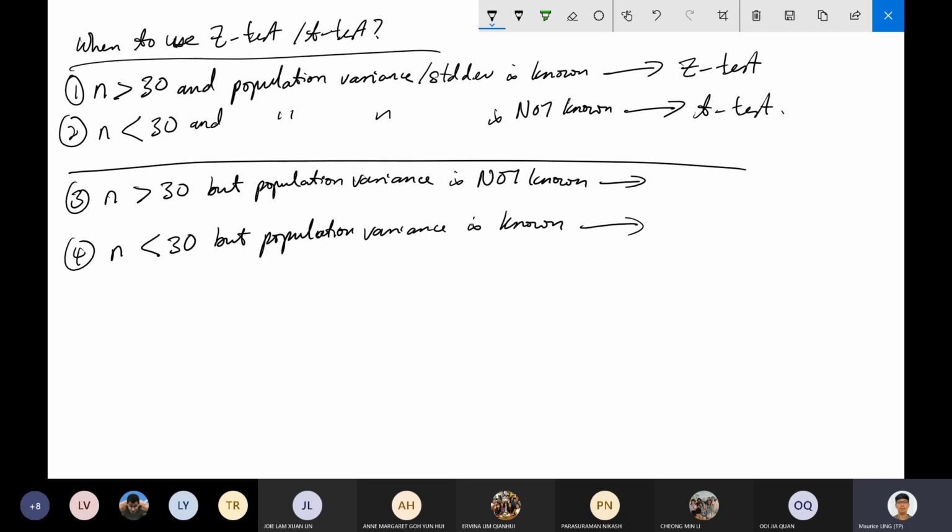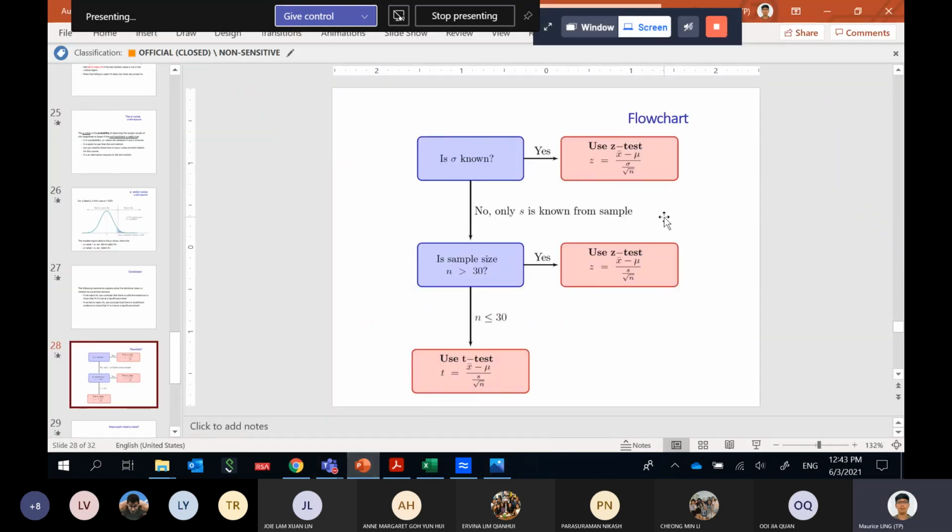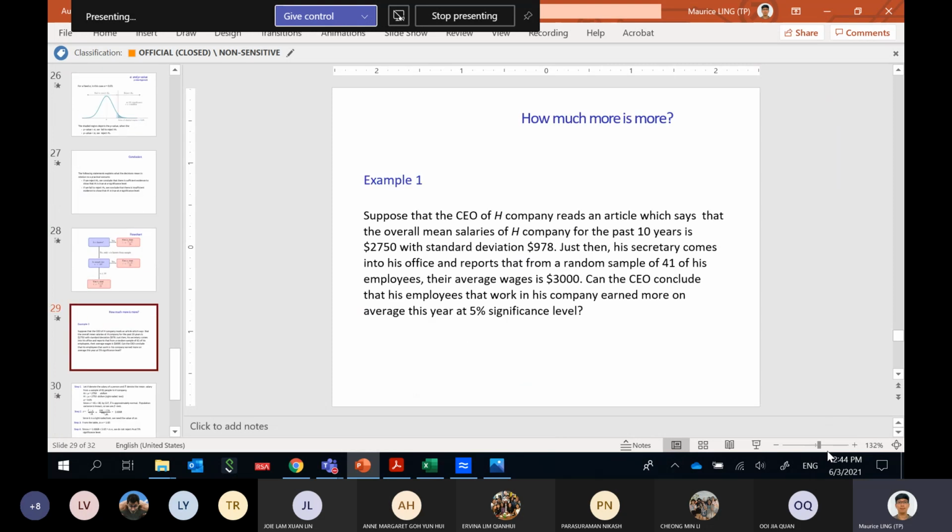So for that, I talked to your subject leader, and the decision is, and my mouse is dead, we will follow exactly what is given here. So if the population variance or the population standard deviation is known, automatically you go z-test, regardless of sample size.